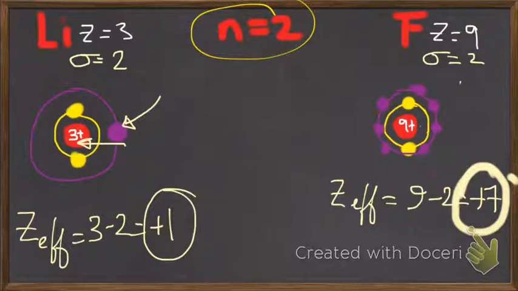So now we can see that the atomic radius is much smaller.